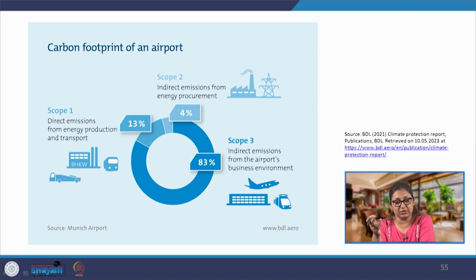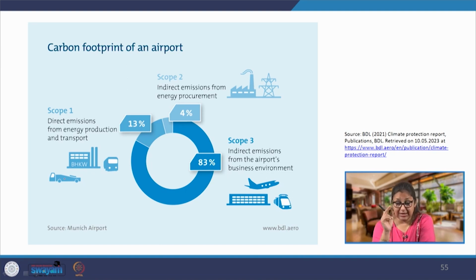Indirect emissions from energy procurement 4% only, but the indirect emissions from the airport business. Now, you have to clearly understand that all the aircrafts that are coming in and going out are not owned. There is no control of the airport over those companies and their aircrafts. That is all going in scope 3 emissions.